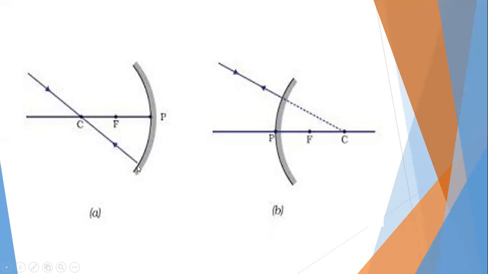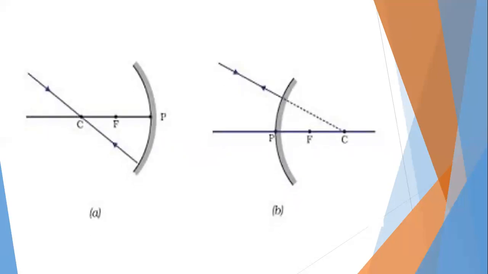Similarly, if a ray strikes a convex mirror directed toward the center of curvature behind the mirror, it reflects back in the same direction without any divergence. These are the 4 rules. Number 1 is this, number 2, number 3, and this is number 4.